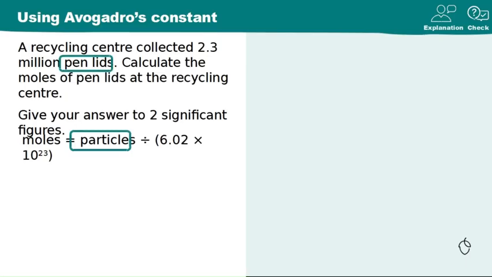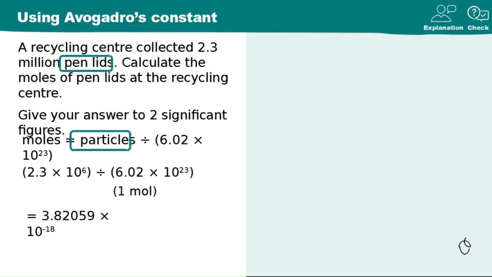The particles in this case are the pen lids. So we've got 2.3 million pen lids, which we can write as 2.3 times 10 to the 6. Divide that by Avogadro's constant, 6.02 times 10 to the 23, and that would give us the number of moles. So the number of moles would be 3.8 times 10 to the minus 18 moles of pen lids. And that's two significant figures.